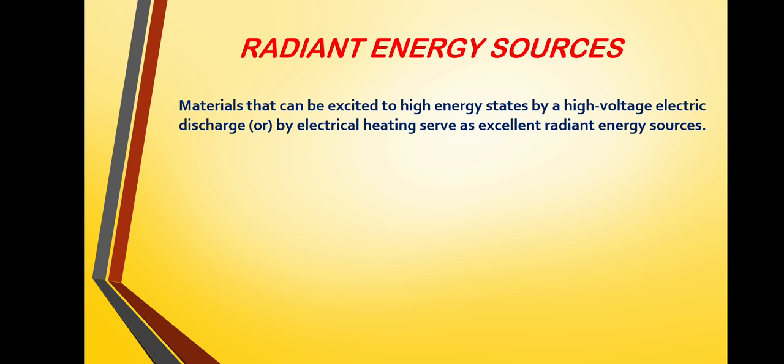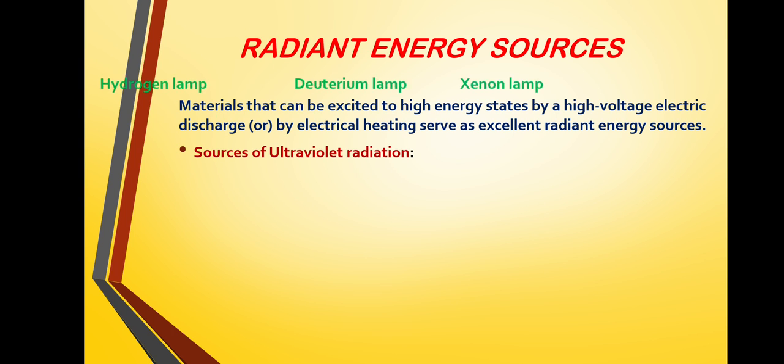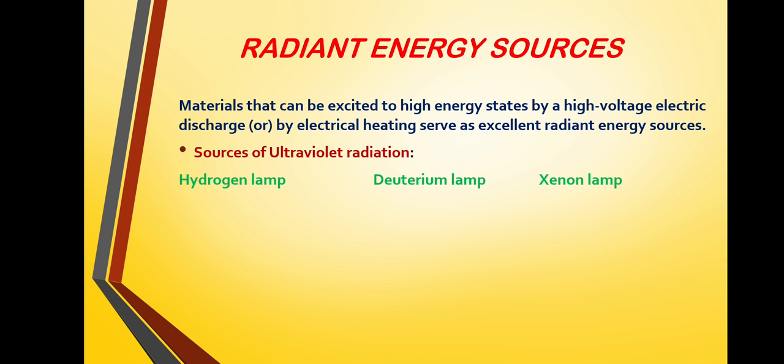Now we are going to discuss the different types of radiant sources. The first is sources of ultraviolet radiation. The most commonly used sources of UV radiation are hydrogen lamp, deuterium lamp, and xenon lamp.